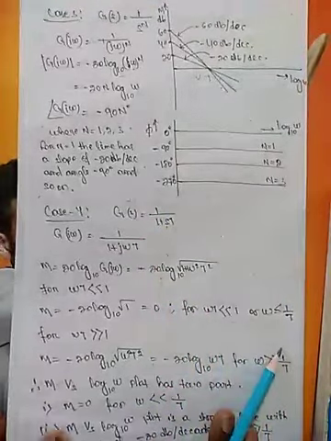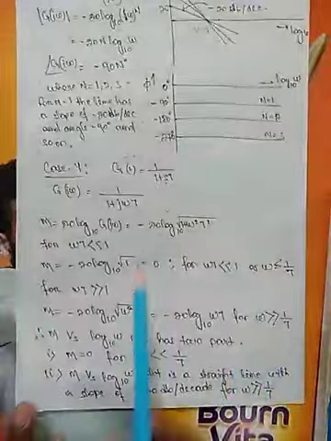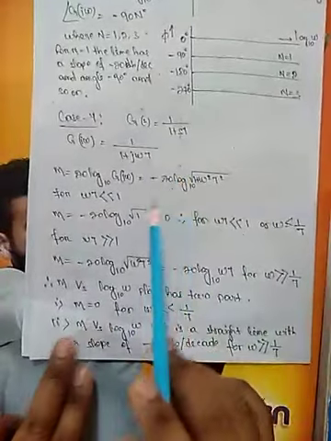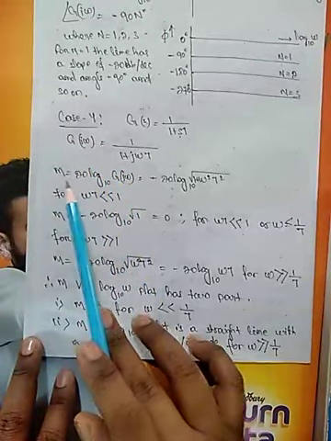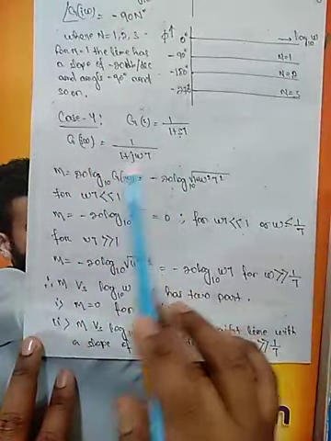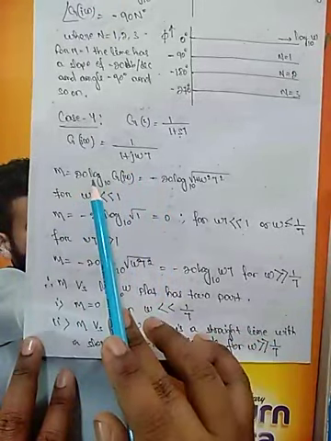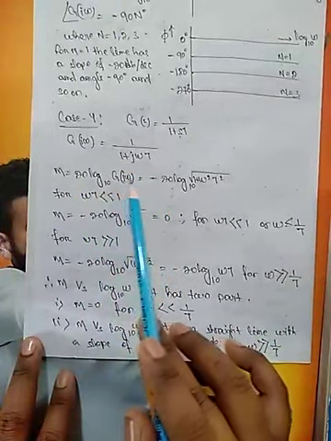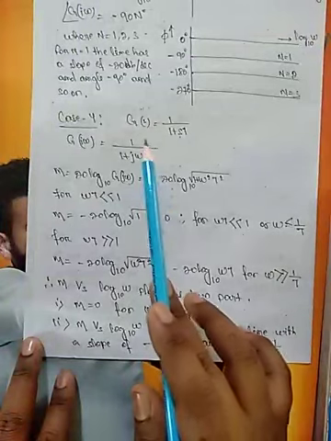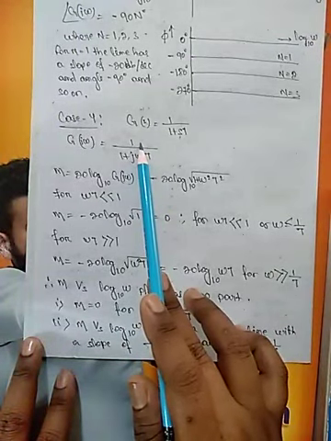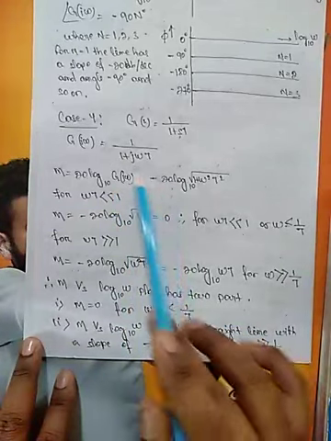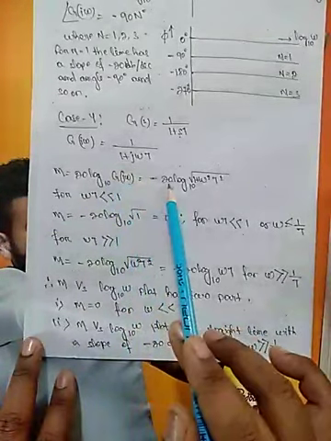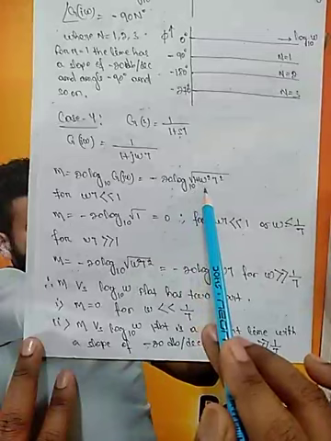Now we go for case number 4, simple pole. See, magnitude from this equation, magnitude is equal to 20 log of G of j omega. As the numerator part is 1, log of 1 is 0, minus, for this factor it is minus 20 log square root of 1 plus omega square T square.